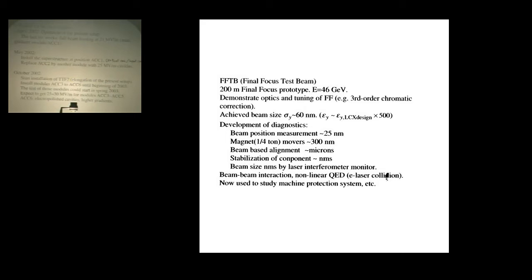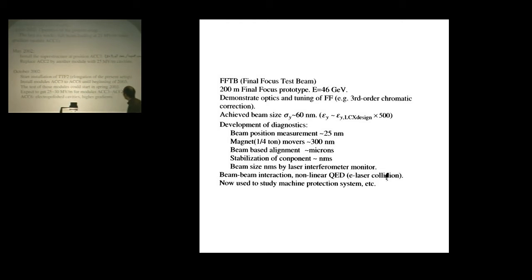Then the test will start in spring of next year. Then they can expect to get 25 or 30 megavolt per meter for the modules ACC 3 to 5. Then the last module, ACC 6, will consist of electropolished cavities, which you can expect to reach even higher gradients.